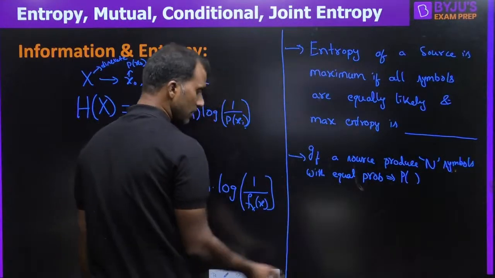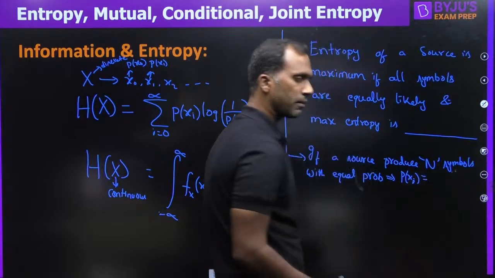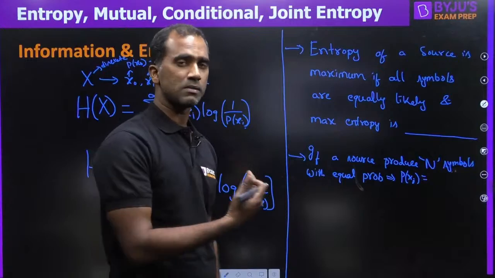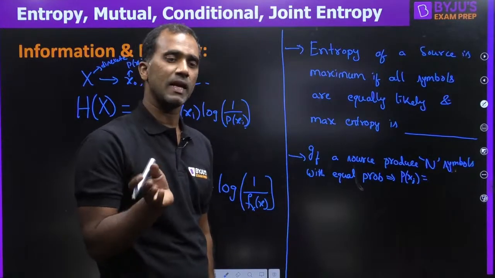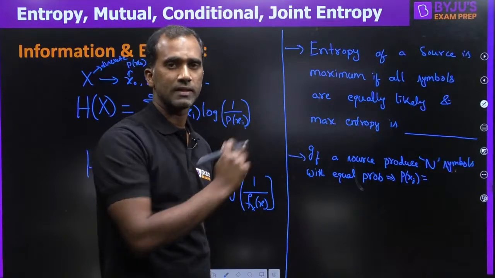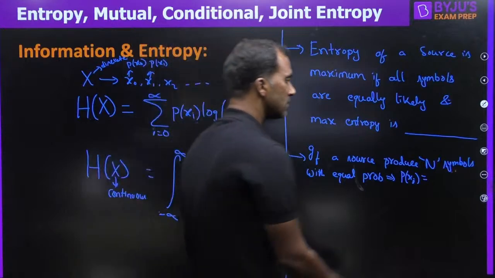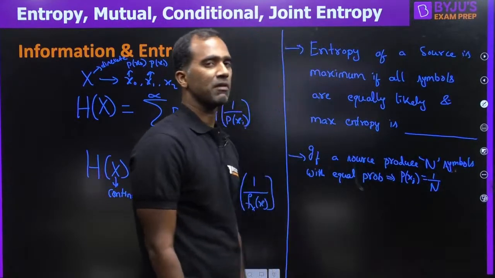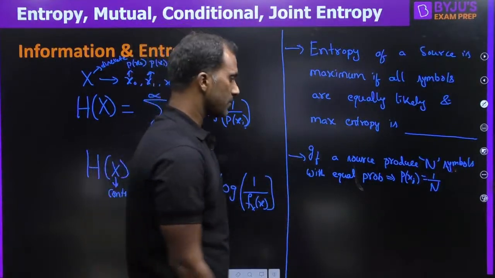What is the probability of any symbol? See, because all symbols are having equal probability and total probability should be 1. Let me say probability of each symbol is p. Like that, n times you have to add p plus p plus p, like that n times. That should result in 1. So capital N p equal to 1, p should be equal to 1 by n. If n symbols are having equal probability, each symbol should have a probability of 1 by n. Then only if you add 1 by n plus 1 by n plus n times, it will result in 1.